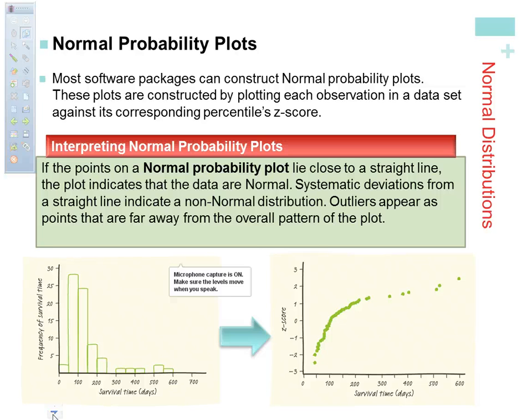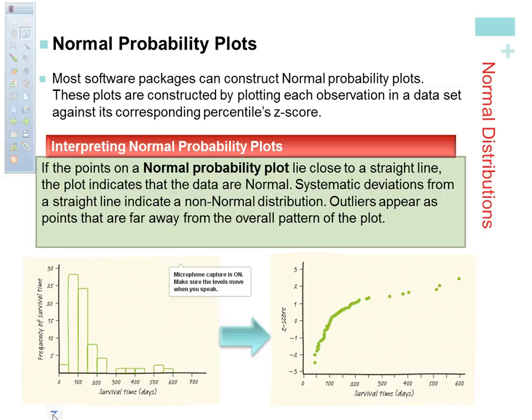Okay. So here is a histogram that shows the survival times of guinea pigs that were injected with an infectious bacteria. This is a medical experiment that was carried out. This is in the example on page 127.